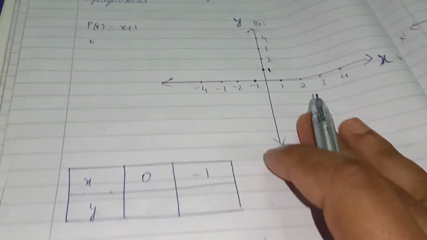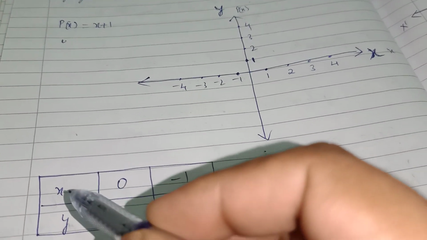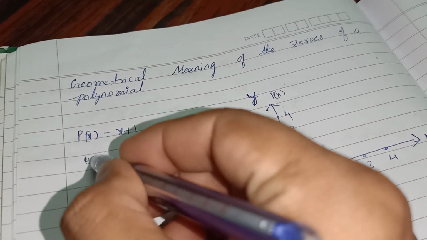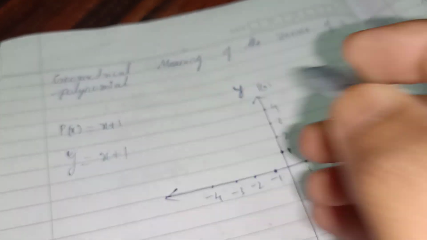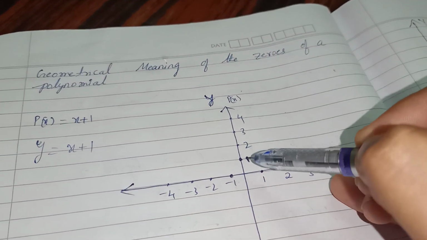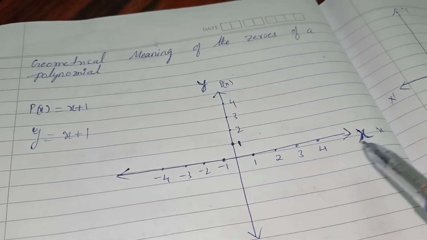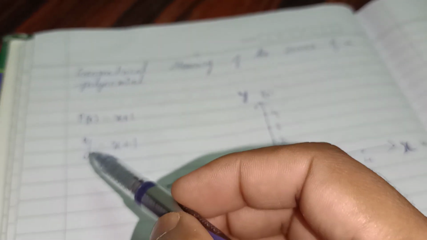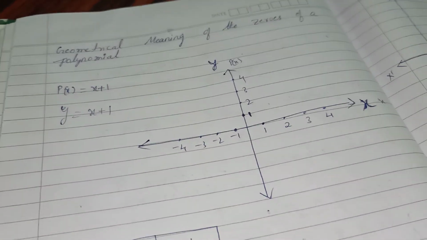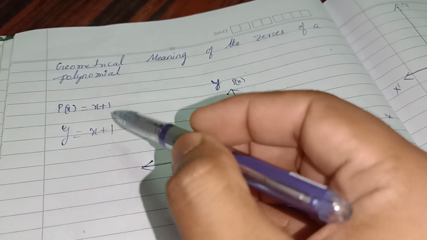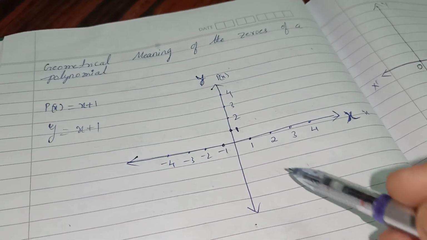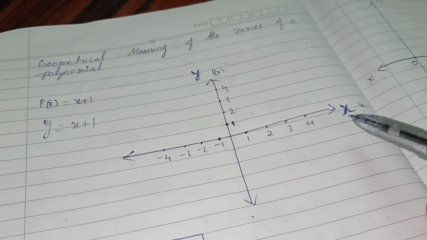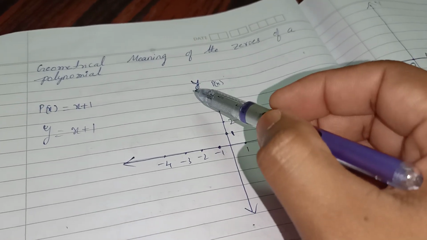So p(x) is y equal to x + 1. We are plotting a graph of p(x) versus x, or we can take p(x) equal to y.